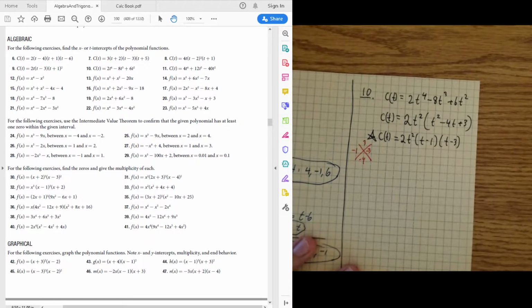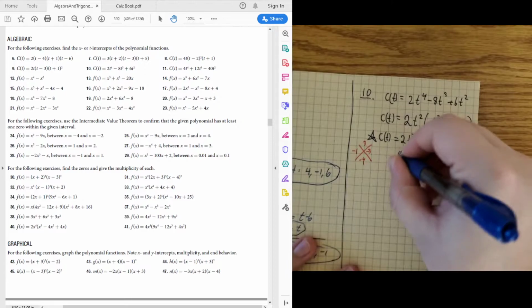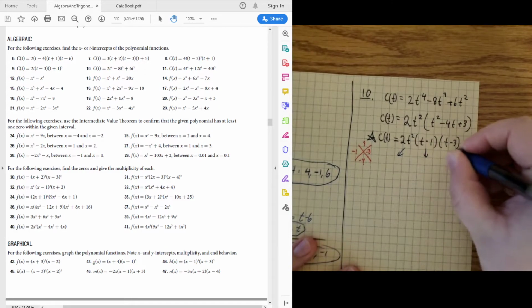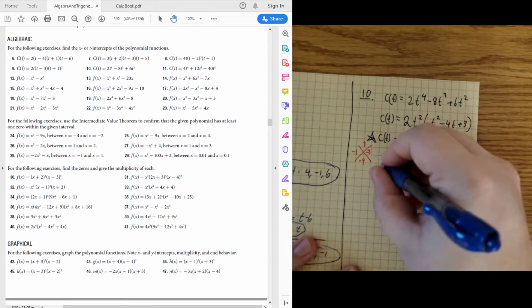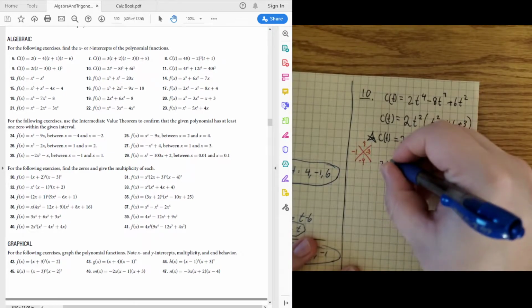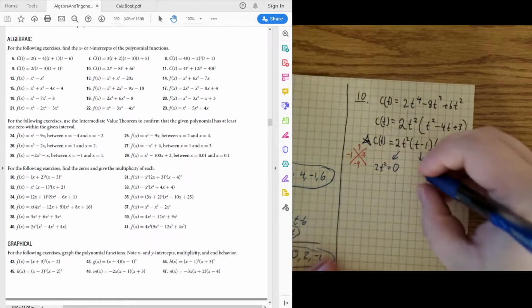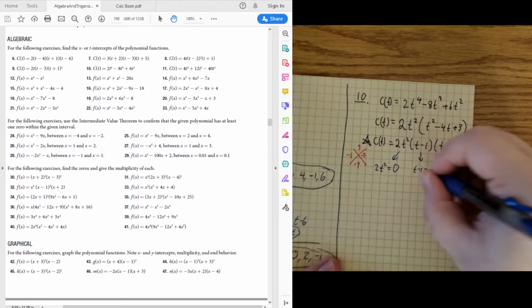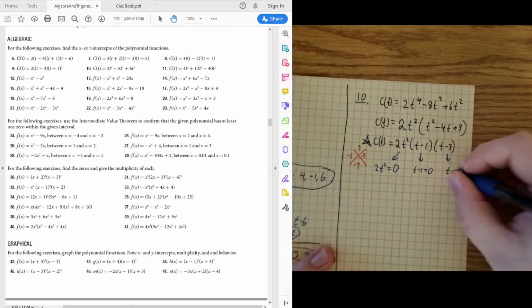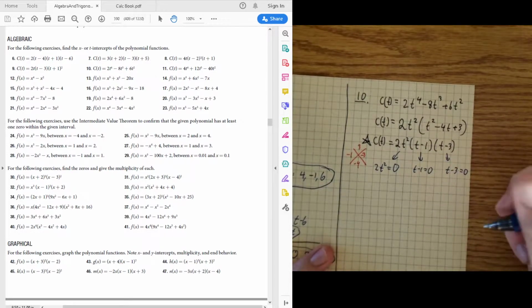With number 10, now that we're here, we'll actually be able to take the next step pretty well. We can split this from one problem into 3. We have 2t squared equals 0. We'll have t minus 1 equals 0. And we'll have t minus 3 equals 0.